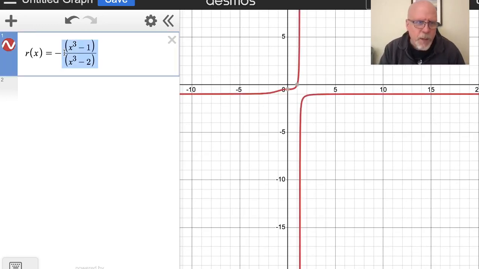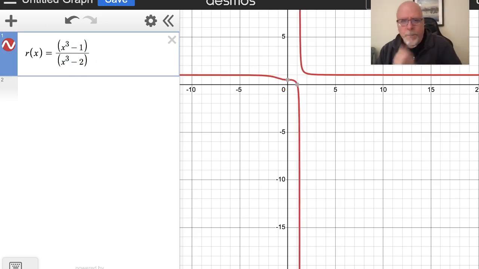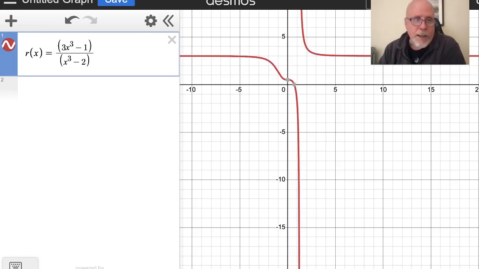Oh, I really don't want that minus sign anymore. Take that minus sign off. There we go. Slightly different graph. It's just the other one flipped upside down. But do you see that it's got a horizontal asymptote? And how could that have been predicted? Well, when x is a big number, x cubed minus 1 and x cubed minus 2 are essentially the same. So we're dividing a number by itself there, and thus we get 1. If I wanted to get some other number, I might put a 3 in there, and then the horizontal asymptote is 3.